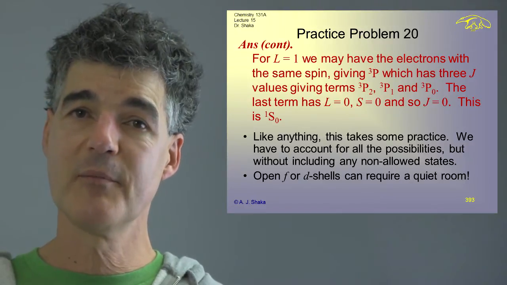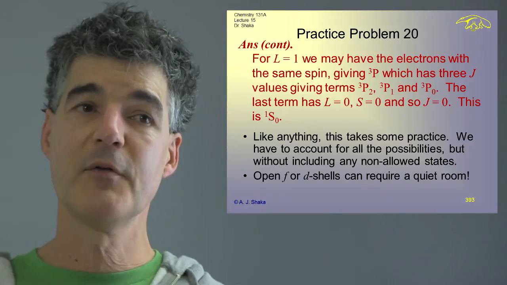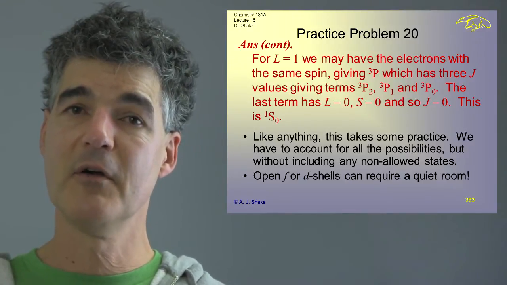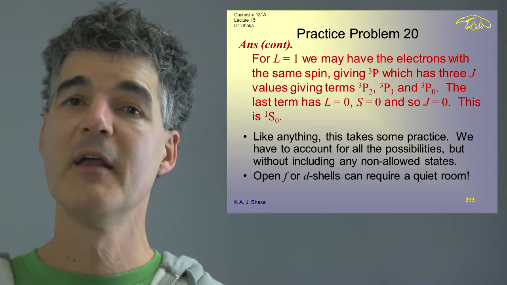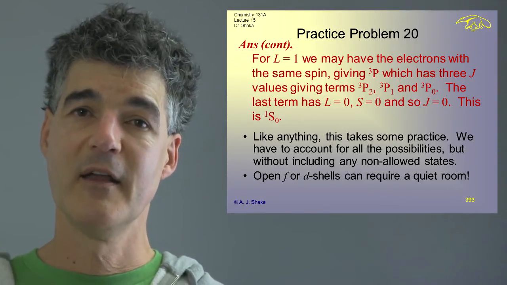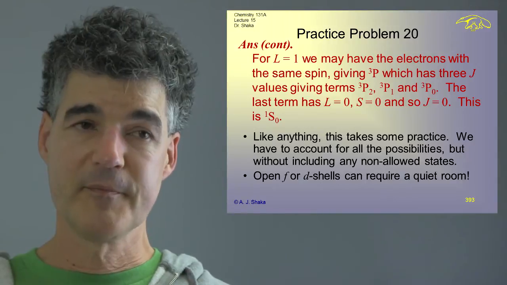And then the last term that we can have is L equals 0, S equals 0, and therefore the only possible value of J is 0, and this would be called singlet S0.